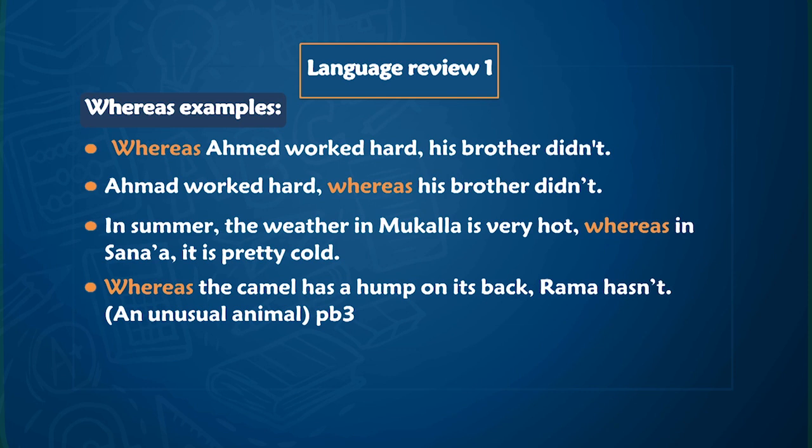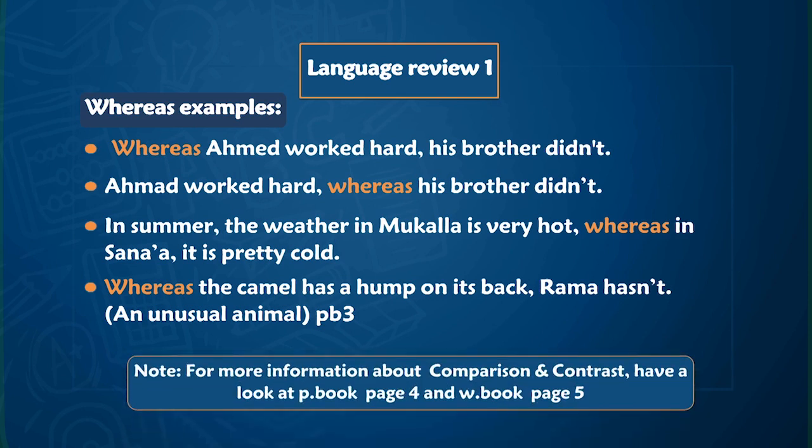Now we compare this Rama, the baby of both, to its father and its mother. Its father has a hump, Rama hasn't. So we can say here, whereas the camel has a hump on its back, Rama hasn't.